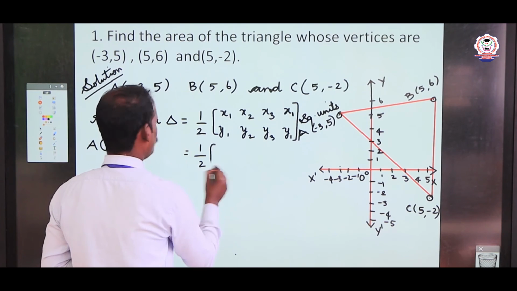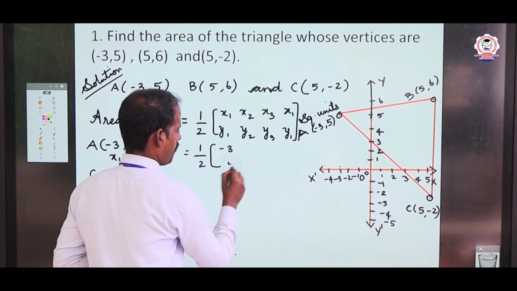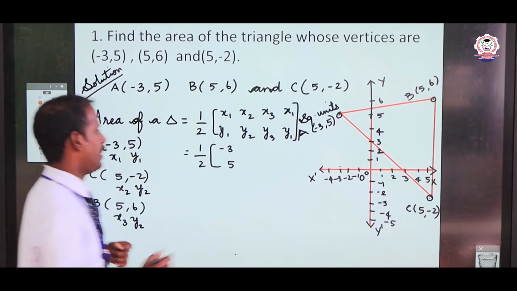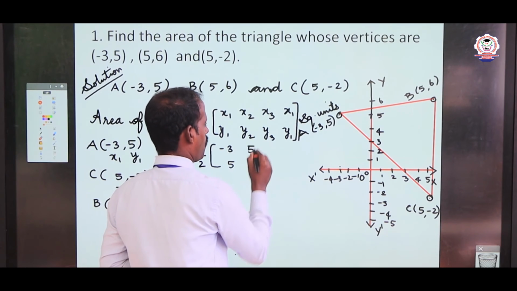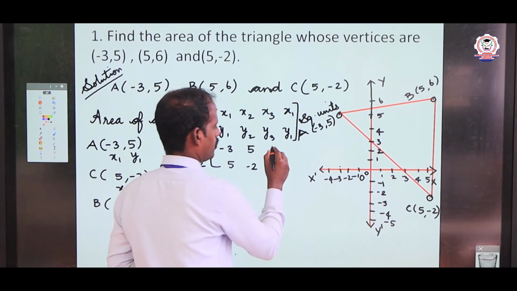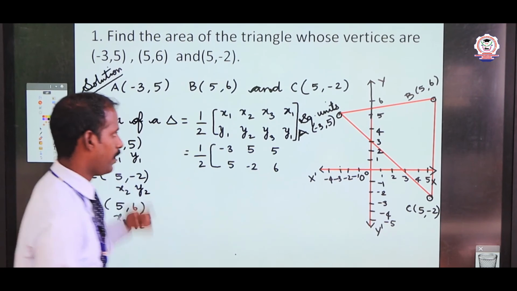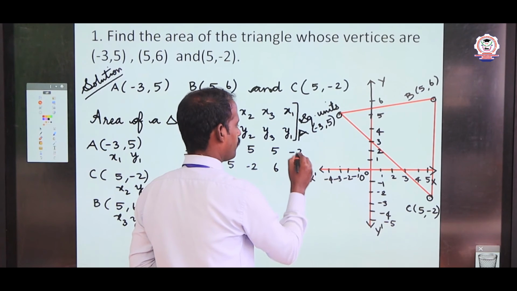here substitute the values: minus 3, 5, and 5, minus 2, and B point is 5, 6, and lastly x1, y1, that value is minus 3, 5.